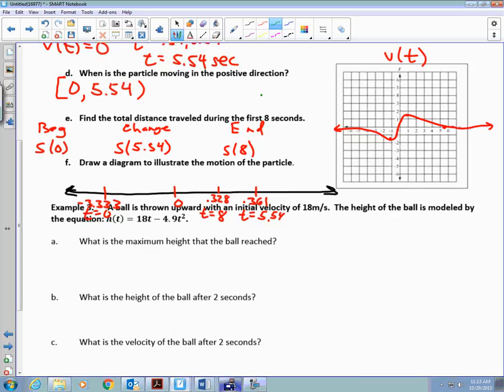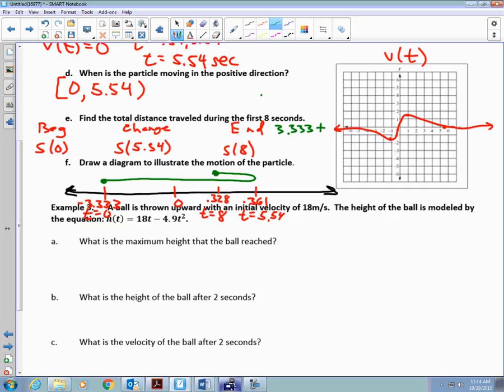So the motion of this particle: it starts here, at negative 3.333. Where does it go next? To 0.361, and after 0.361, back to here. So I want to calculate the total distance traveled. How far does it travel to go from negative 3.333 to 0? 3.333.